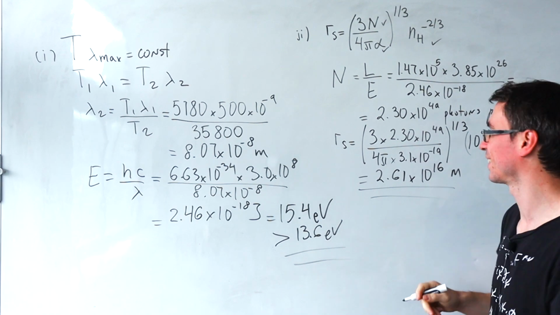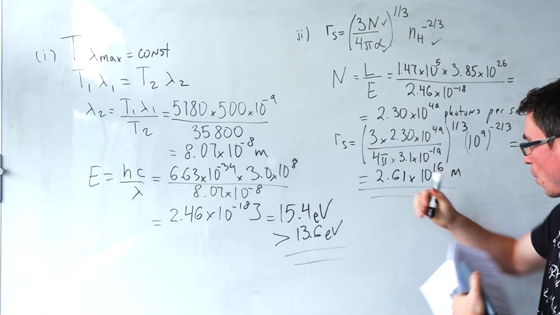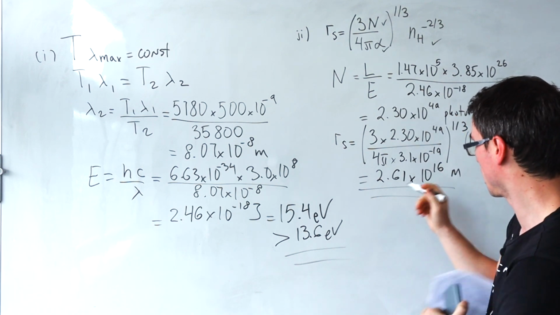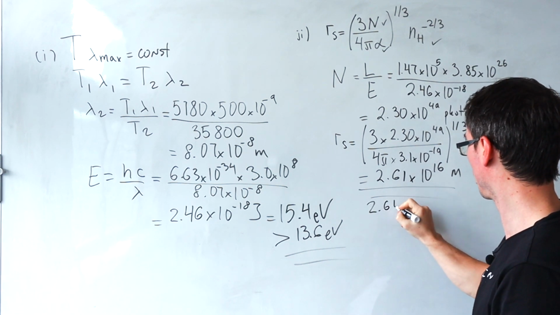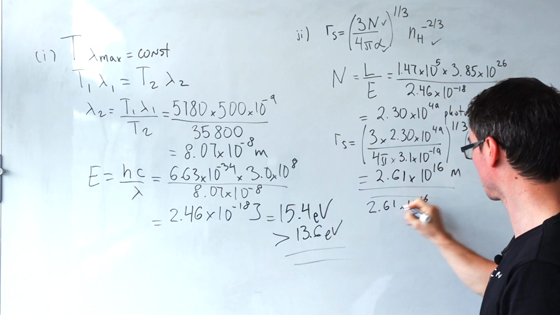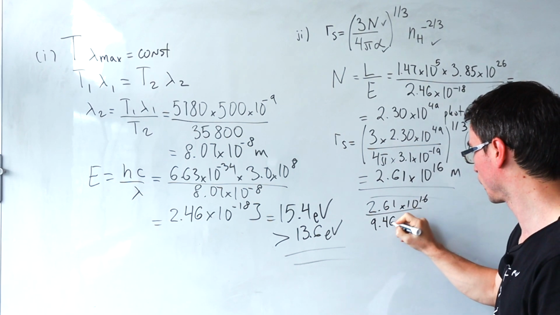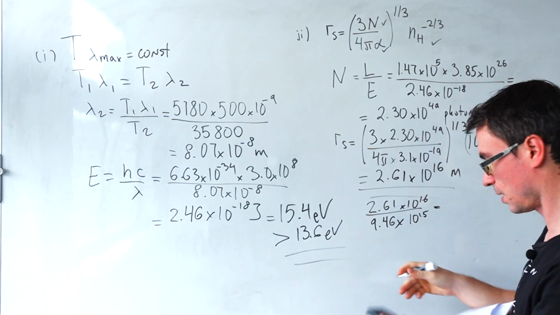Now they would like us to give this answer in light years, so all I'd need to do is just divide that by the number of meters in a light year. So I'm going to take that number, 2.61 times 10 to the power of 16. Then I'm going to divide by 9.46 times 10 to the power of 15.